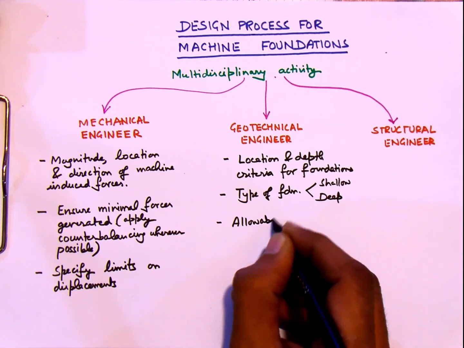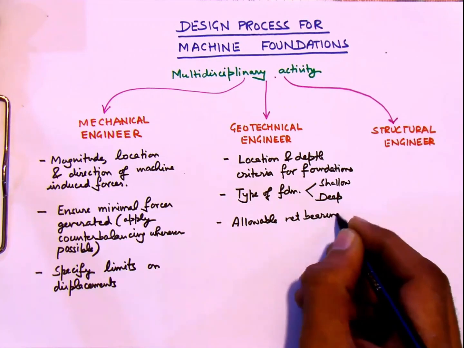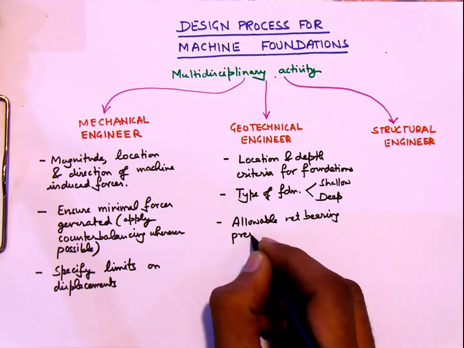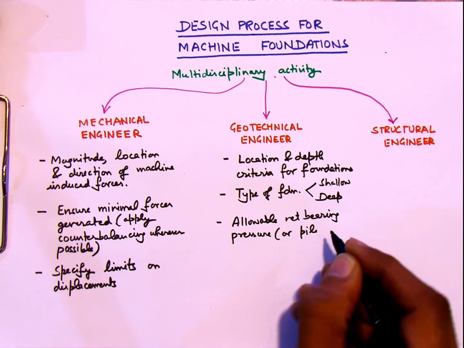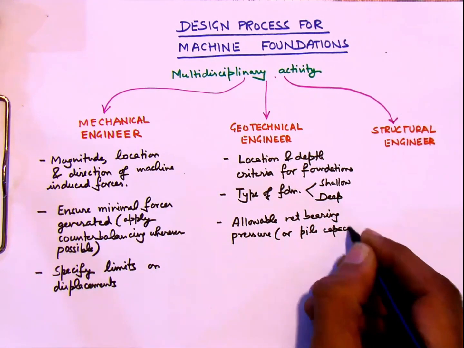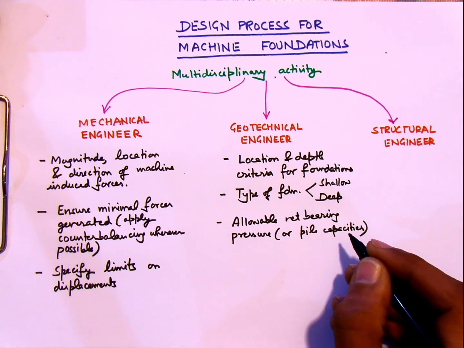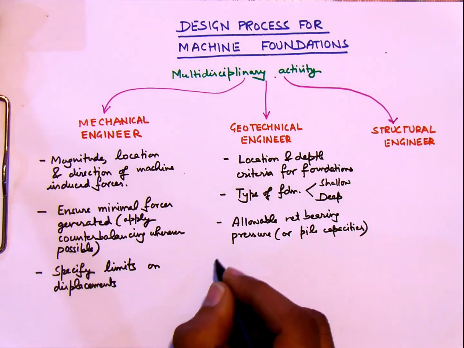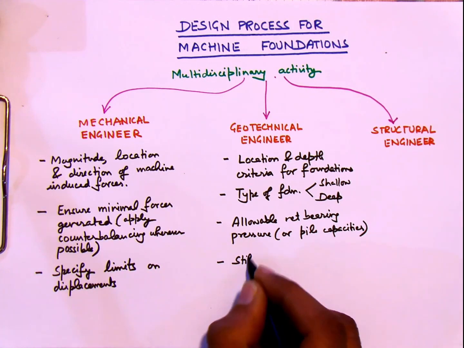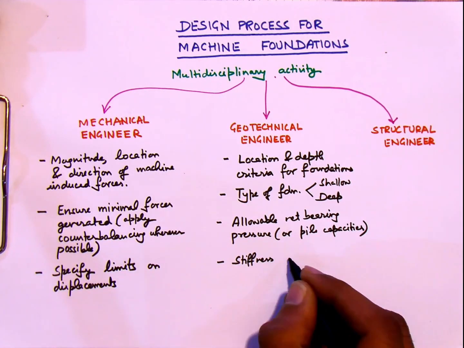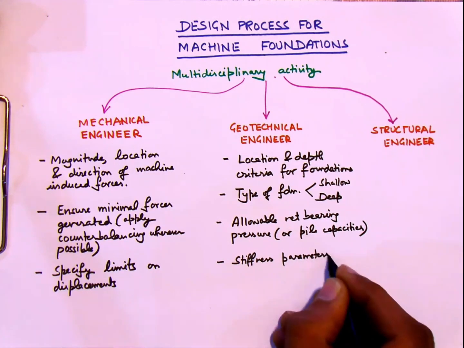Then if shallow foundations are applicable, the geotechnical investigation report provides the allowable net bearing pressure, and in case of pile foundations, the pile capacities, compression, tension and horizontal, are provided along with their dimensions. Finally, the stiffness parameters of the soil are also provided by the geotechnical engineer.